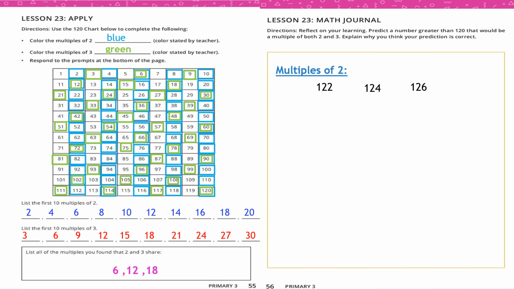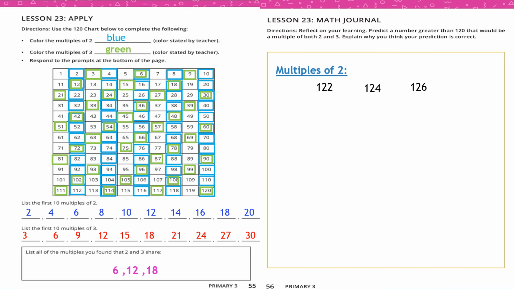How did you know it? Because multiples of 2 are only even numbers. And we want greater than 120. So what is the smallest even number greater than 120? 122. What's the next even number? 124. What's the next even number? 126. Okay. These are multiples of 2.